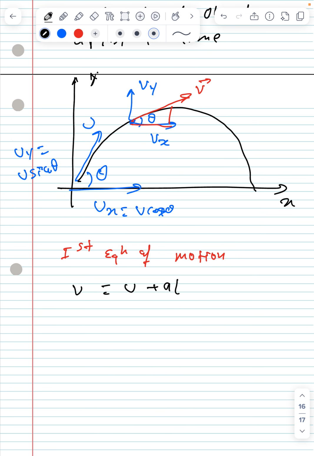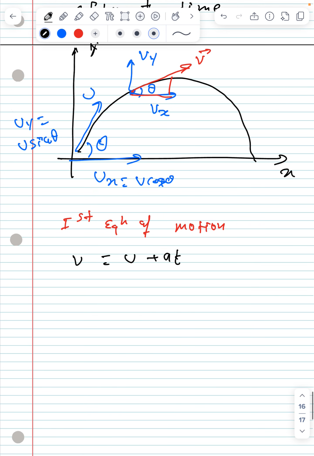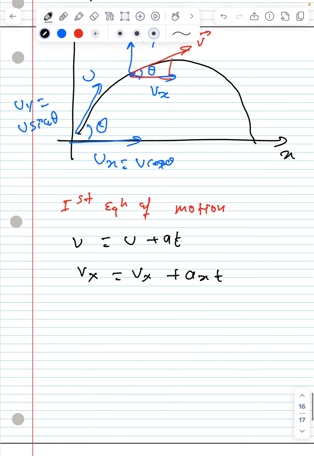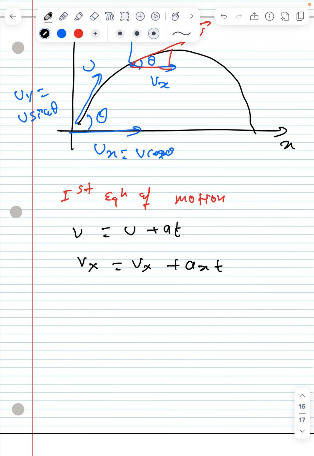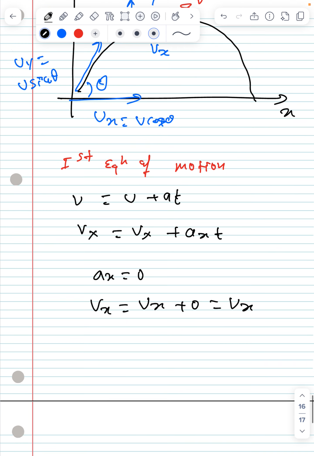We use the first equation of motion, a very simple calculation. The first equation of motion is v equals u plus at.